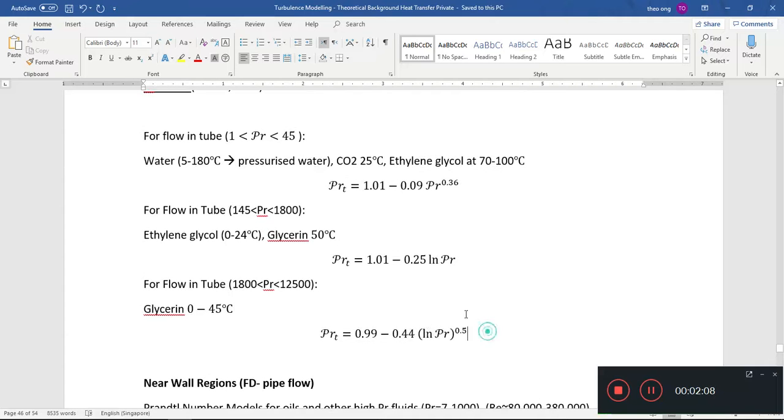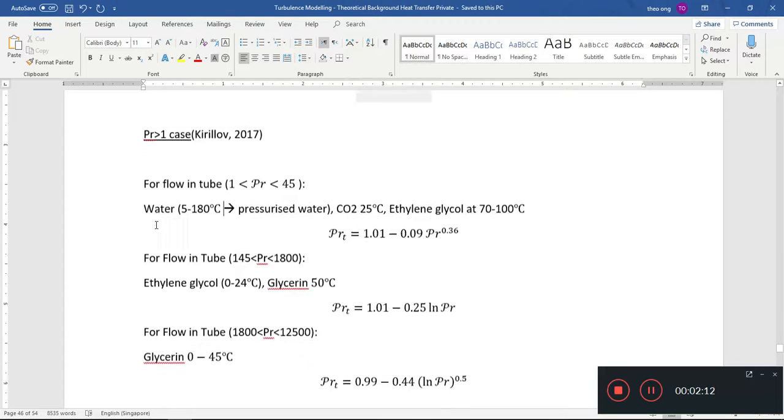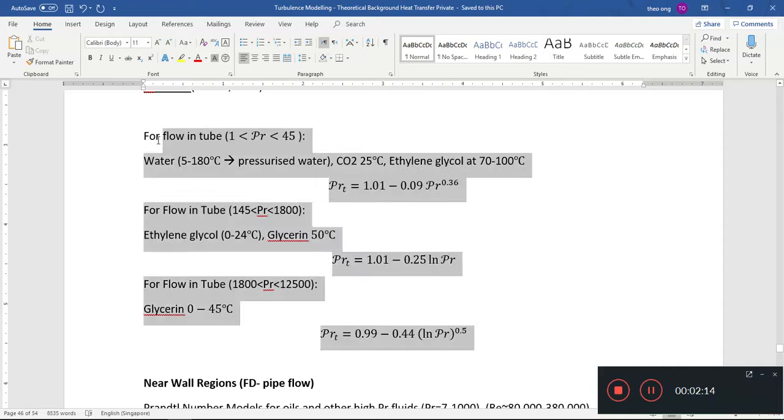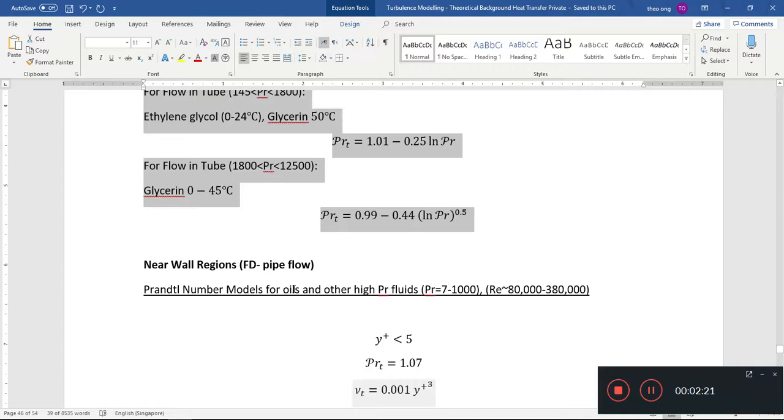So now we have discussed turbulent Prandtl number models for the whole fluid. Of course, we know your turbulent Prandtl number varies towards the wall.